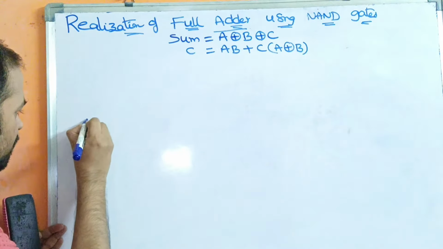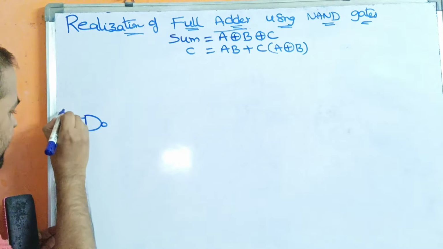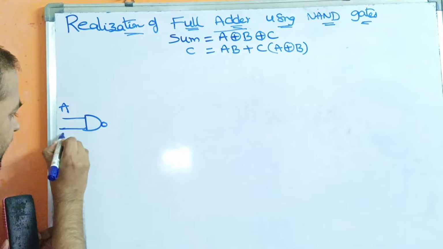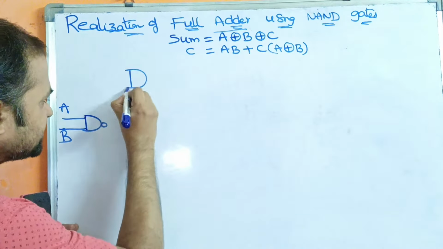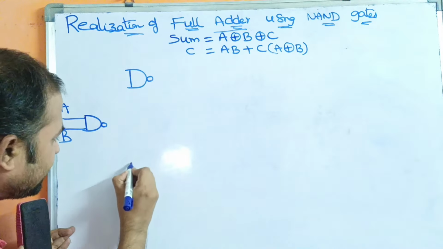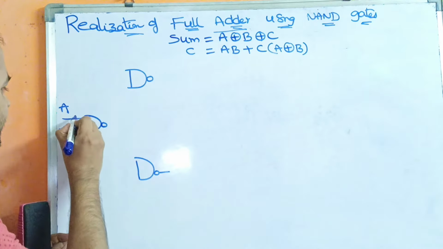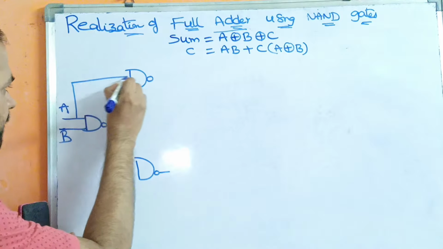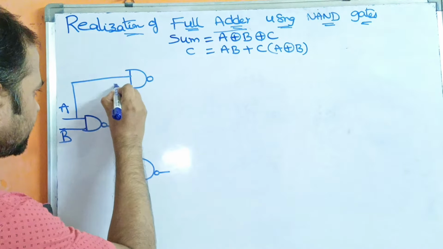So here we need 4 NAND gates like this. This is the first NAND gate. The first NAND gate receives input from A and B. Next, we need a structure like this. So this is the second NAND gate and this is the third NAND gate. The second NAND gate receives input from A and the output of the first NAND gate.